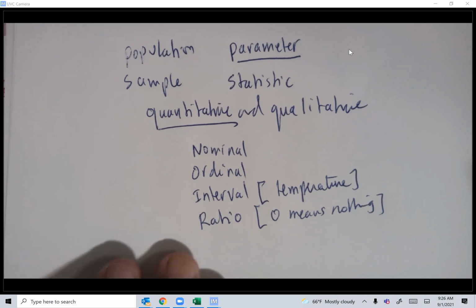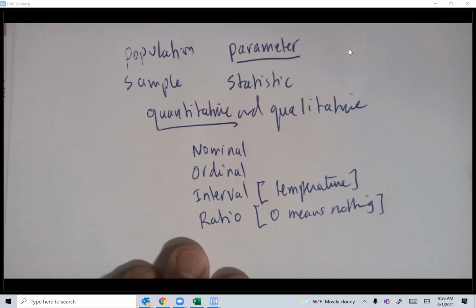And the last thing I did before we ended the meeting last Monday, we defined simple random sample. And I said the definition of a random sample is every member of the population has the same chance of being selected. And we agreed, guys, that the best way to do this is, for example, if I want to select 5 students from a group of 30, just put the 30 names in a basket and select 5 names at random.